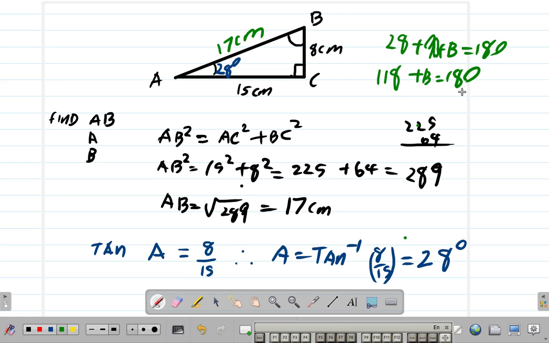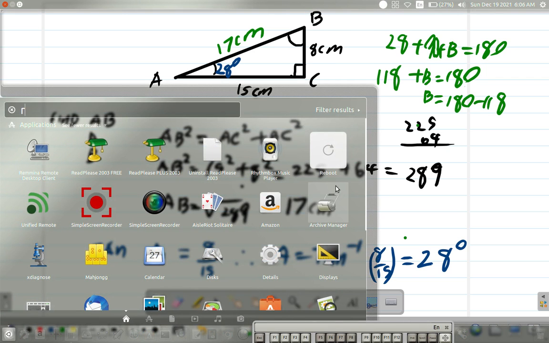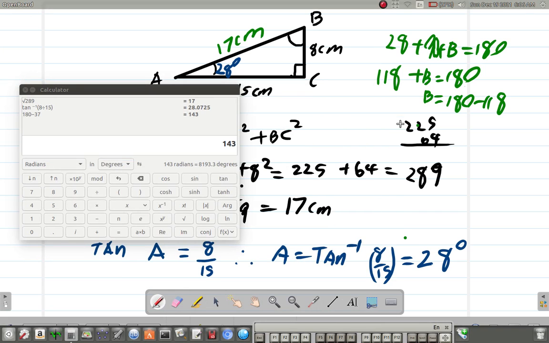Right? So B now would be 180 minus 118. So here we have it. 180 minus 118. 180 minus 118 gives you what?